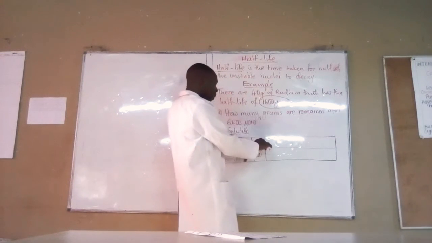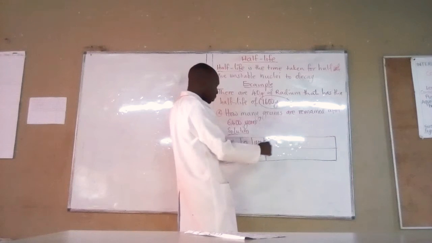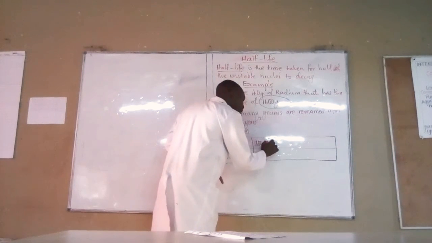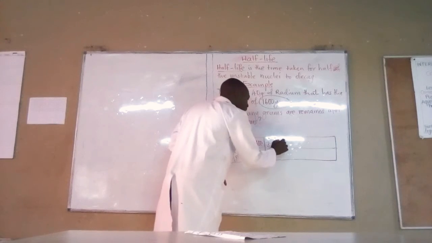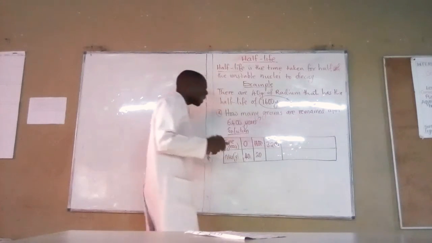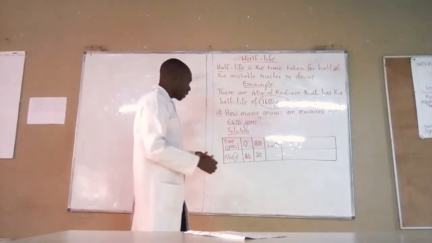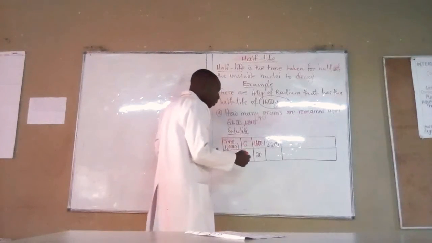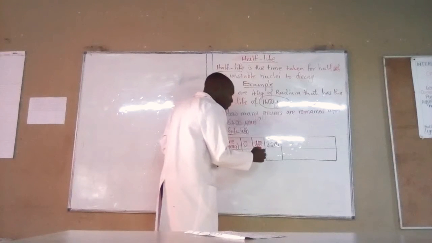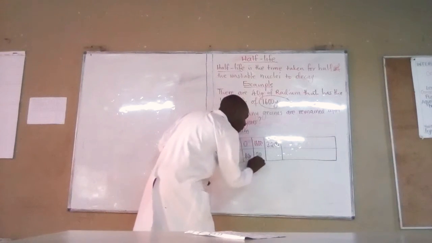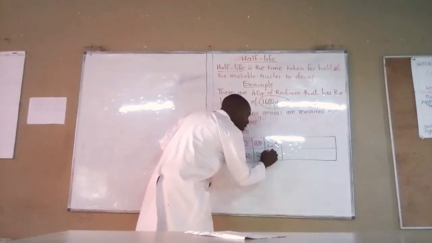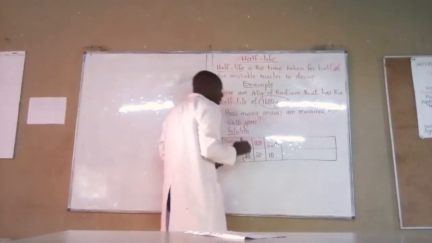Another 1600 years, meaning you add 1600 plus 1600, which gives you 3200 years. In the next 3200 years, how many grams of radium remained? Half of 20, you just divide by 2. The answer is 10 grams.